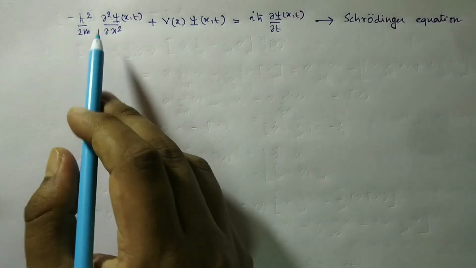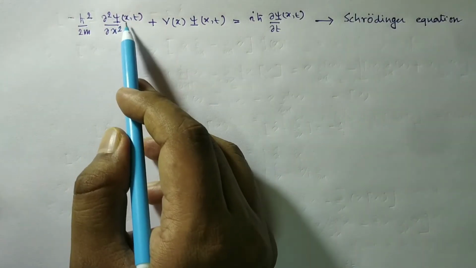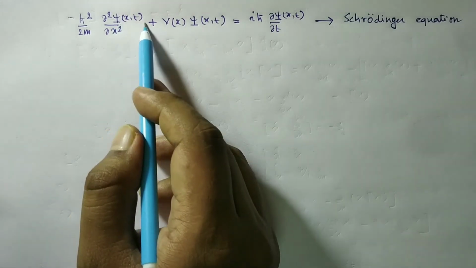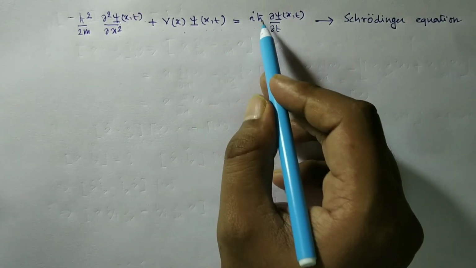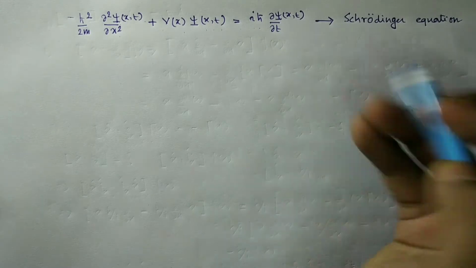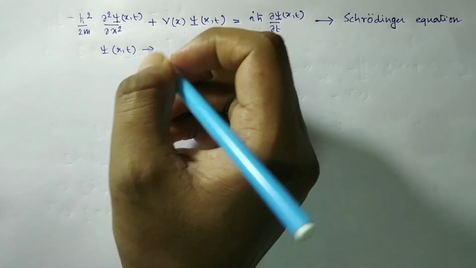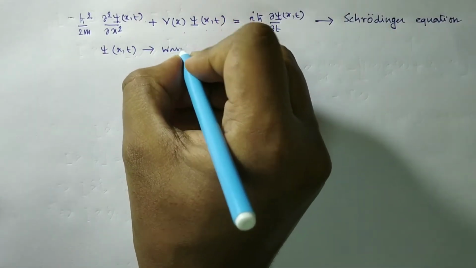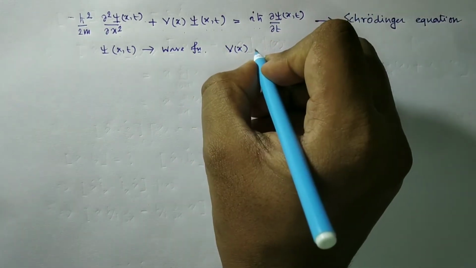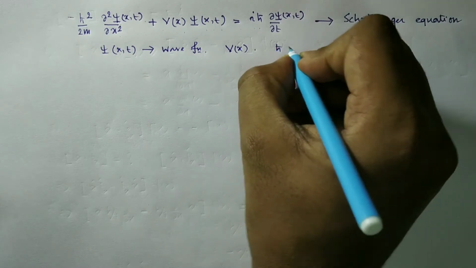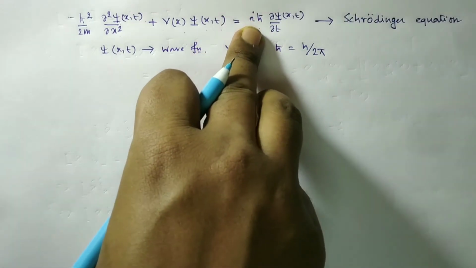The equation is minus ħ squared by 2m del squared Ψ(x,t) del x squared plus V(x) Ψ(x,t) equals i ħ del Ψ(x,t) del t, where Ψ(x,t), in uppercase, is called the wave function, V(x) is the potential energy of the system, ħ is nothing but the Planck constant divided by 2π, and i is the square root of minus 1.